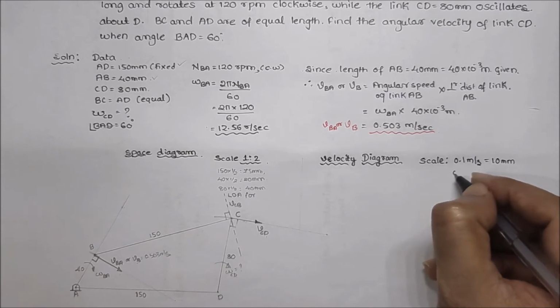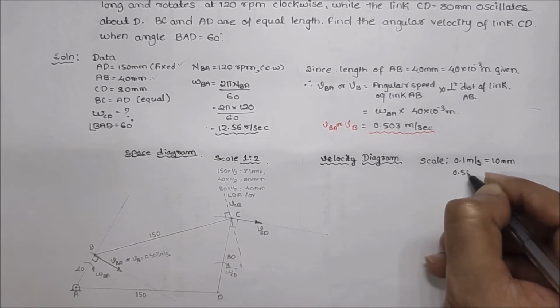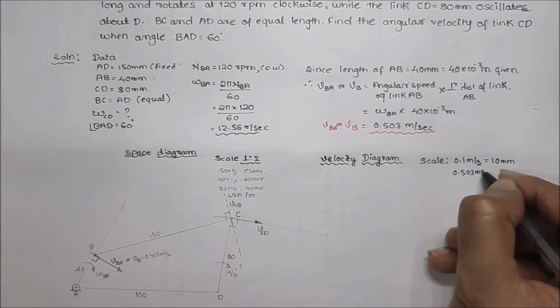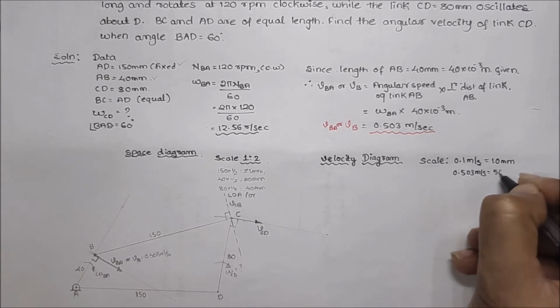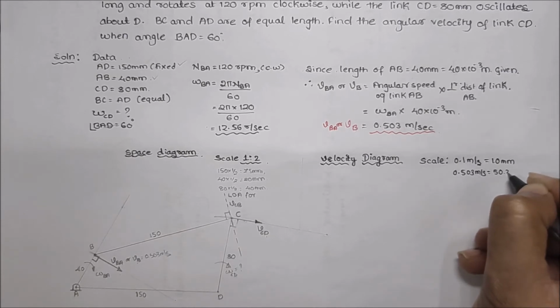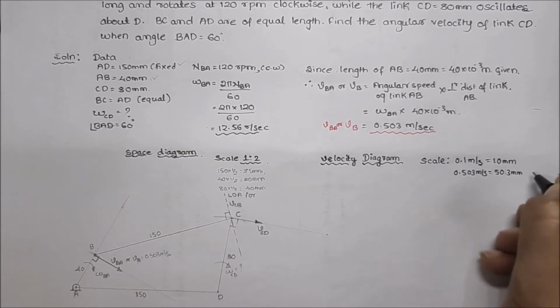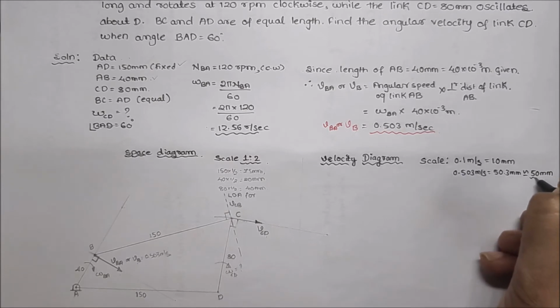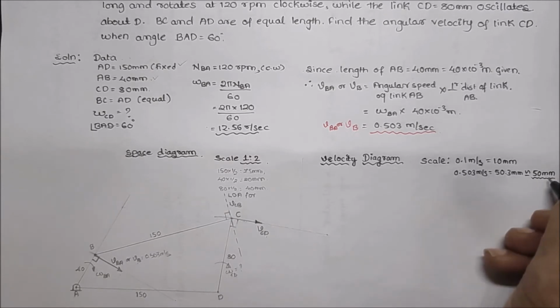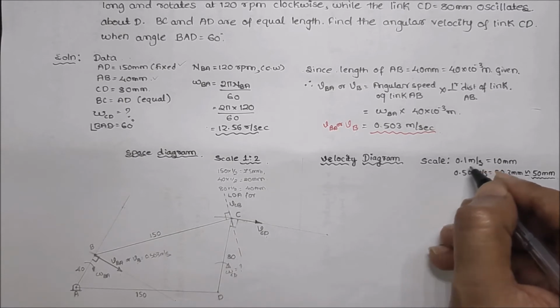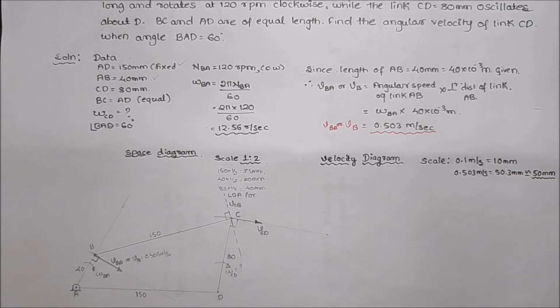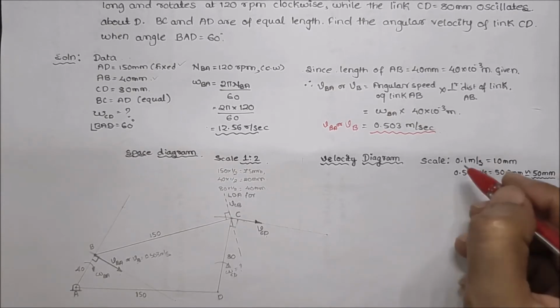Then 0.503 meter per second will be equal to 50.3 mm, that is approximately 50 mm, because 50.3 mm is difficult to draw, but 50 mm is easy to draw. So we will take a scale of 0.1 meter per second equal to 10 mm. Let's keep it highlighted.